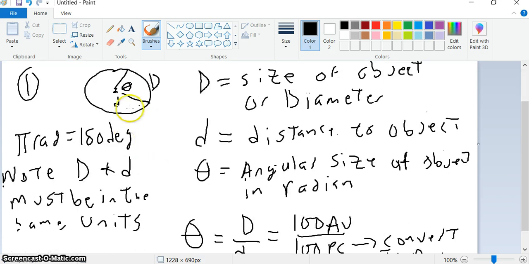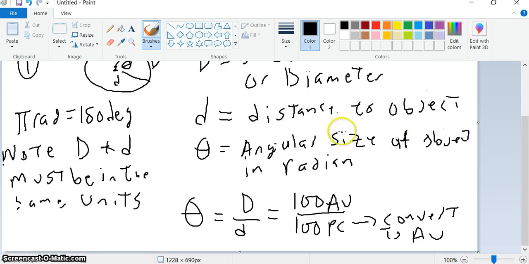And just to remind you, with radian measurement, pi radian is equal to 180 degrees, or you could say 2 pi radian is 360, but you get the same thing. Note also that big capital D, the size of the object, and little d, the distance, have to be in the same units.